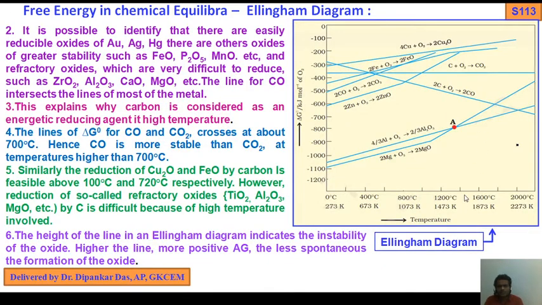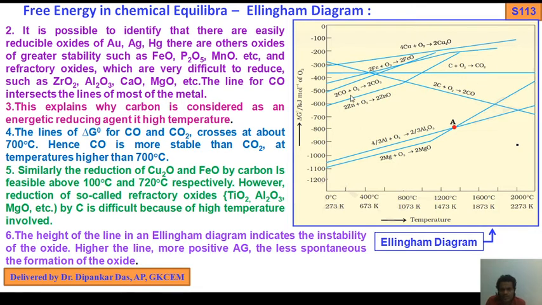Now I discuss the Ellingham diagram and also the other pictures. In the case of 2C plus O2 gives 2CO, this is the temperature axis, and with rise in temperature, this one is more stable.